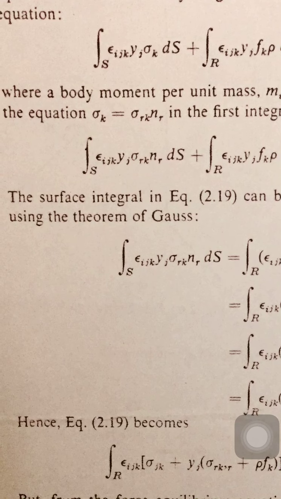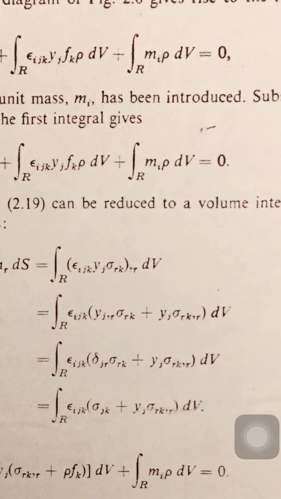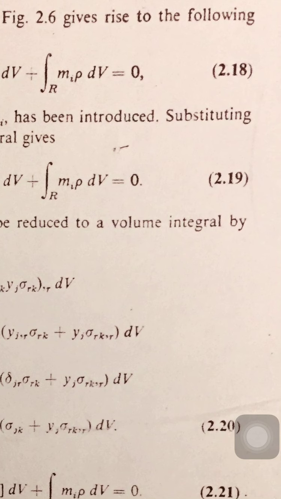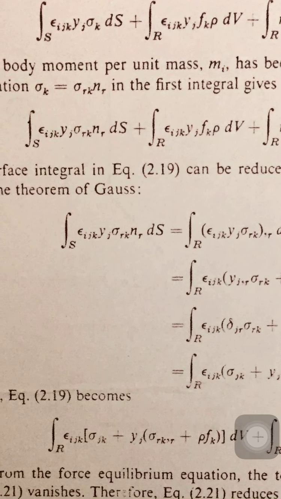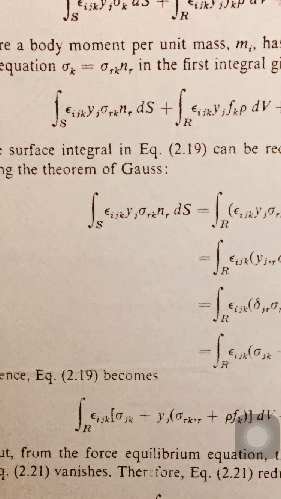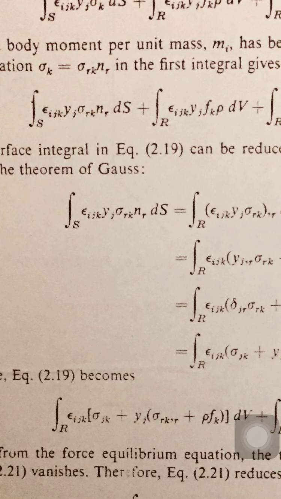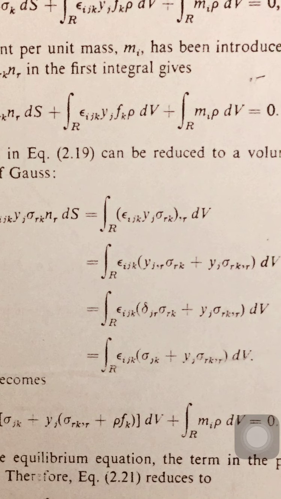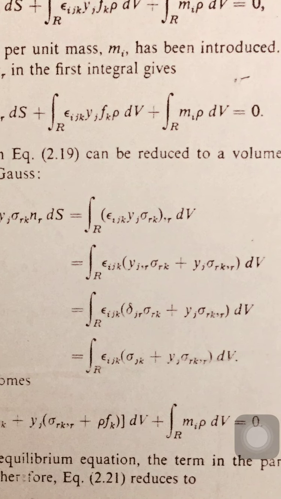Now for the surface integral, the first part of 2.19, again we are using the Gauss theorem to convert the surface integral into a volume integral. So we are taking the surface integral of the first term epsilon_lm ijk yj sigma rk nr ds. Now it can be written by using the Gauss divergence theorem as epsilon_lm ijk yj sigma rk whole comma r dv.